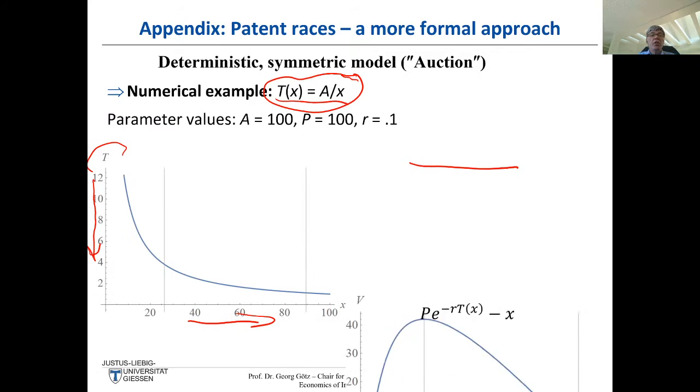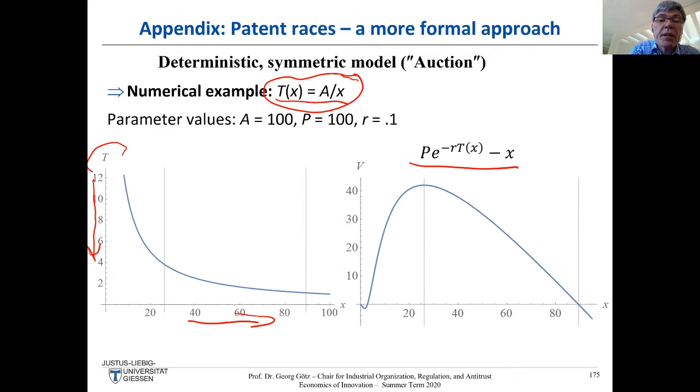And what you see here is you get some maximum value. So if you were a monopolist, you would just choose a T of 3.82 and X, that's what's written in the notes, an X of 26. And zero profits you would get if X is 89, and time T would be 1.18.